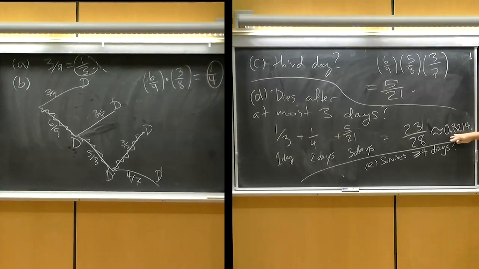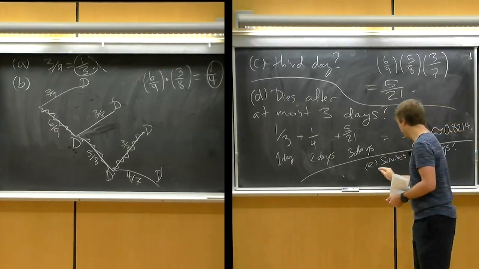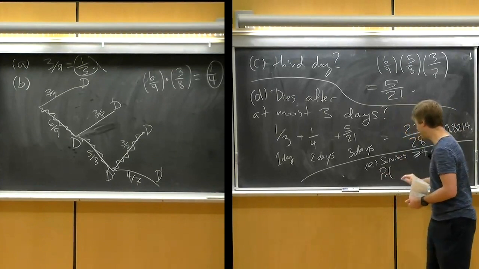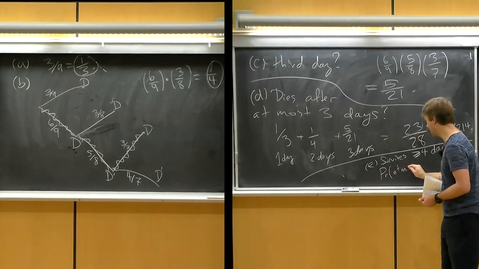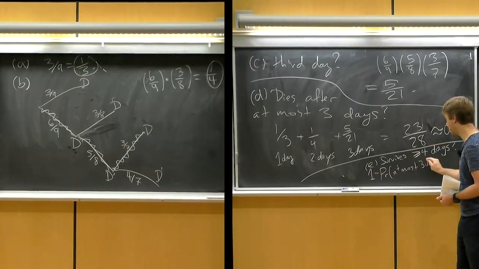If you think about it from part D, we already know the probability of the complement, so we just take 1 minus the probability of at most 3 days.